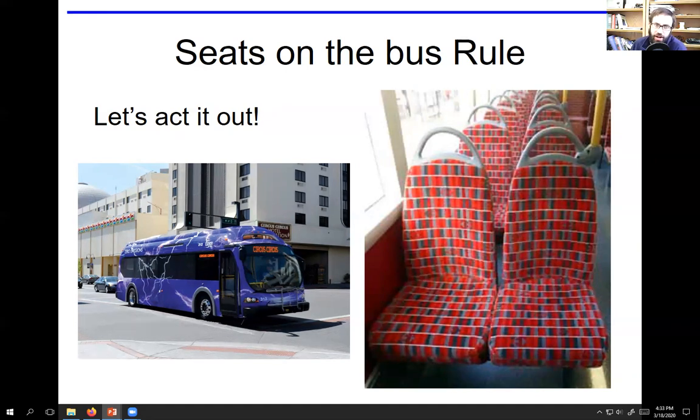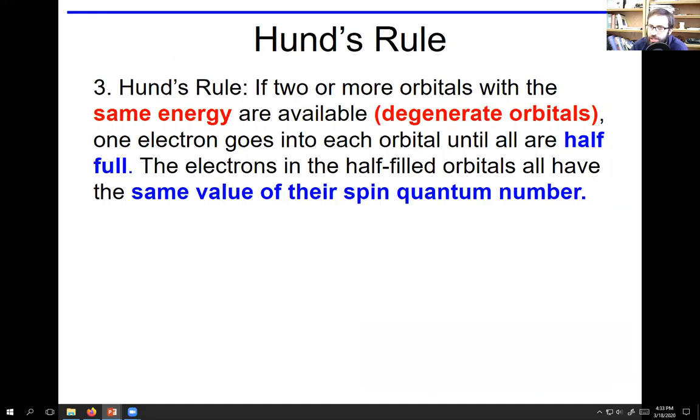That's going to be energetically unfavorable. So this is called Hund's Rule. If two or more orbitals with the same energy are available, we call this degenerate. Degeneracy means same energy, okay? If they're degenerate orbitals, they have the same energy. One electron will go into each orbital until the whole degenerate orbital set is half filled.